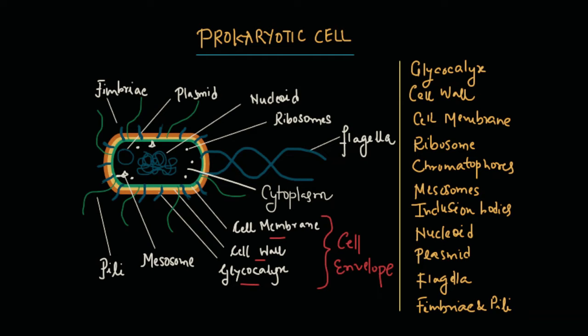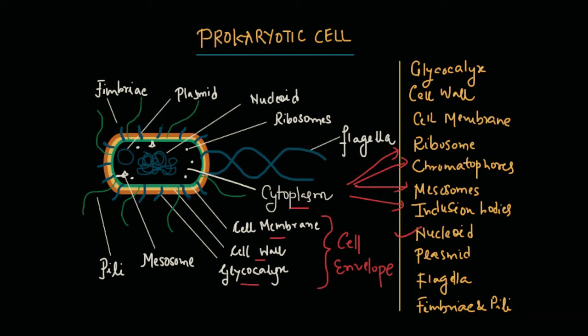The cell envelope forms the outermost covering of the protoplasm. Then we have the cytoplasm, which is an aqueous gel-like compartment guarded by the cell membrane. It hosts structures like ribosomes, chromatophores, mesosomes, and inclusion bodies.